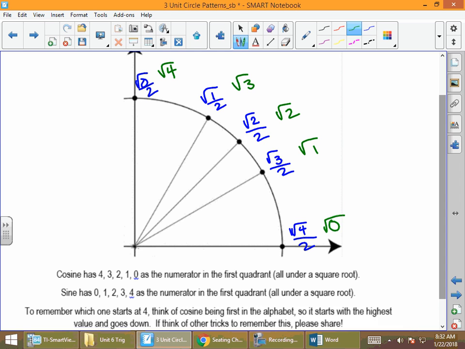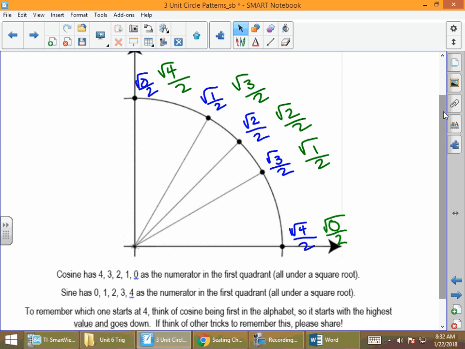We just put them under square roots. They're in the second part of the ordered pair because the second value in the ordered pair is the sine value. And once again, these are all divided by 2. If you look at a filled-in unit circle, our denominators are 2.